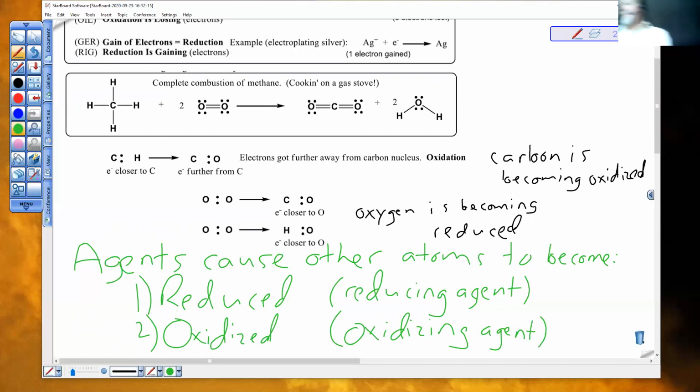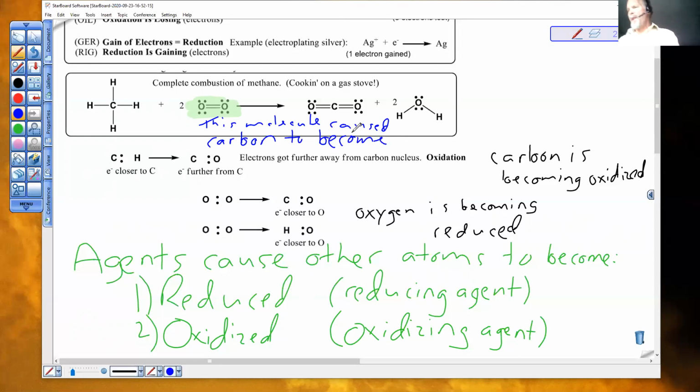Okay. Let's do these in green highlighter. This molecule caused carbon to become, it's already written on the right side of the screen. What happened to carbon? What did it become? Carbon is becoming oxidized.